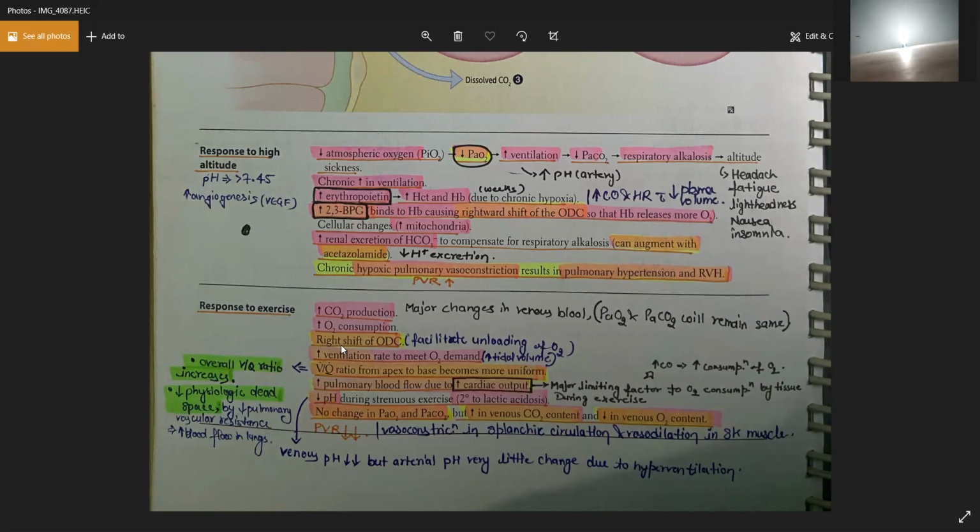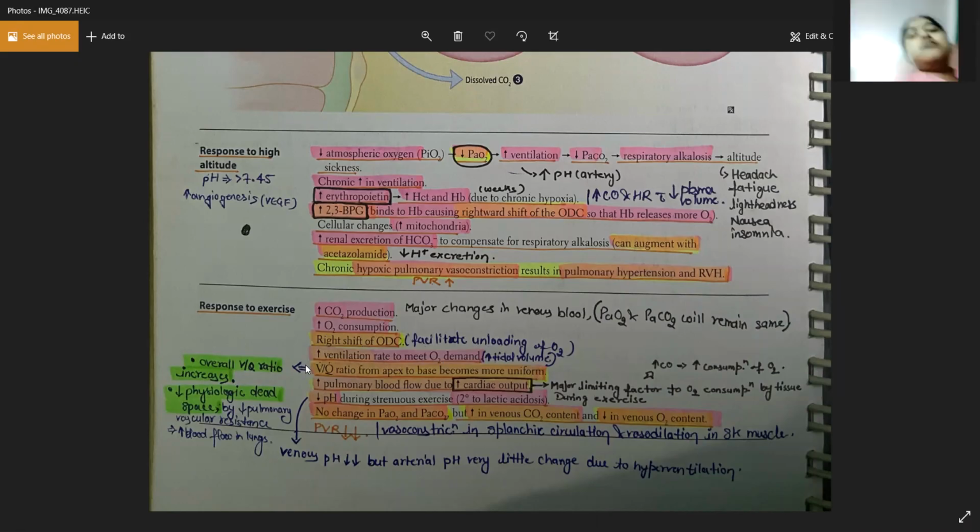This acidic environment will promote more dissociation of oxygen from the hemoglobin, so you will have a right shift on the oxygen dissociation curve. The ventilation rate will also be increased, so you will have hyperventilation to meet the oxygen demand. Ultimately, the tidal volume will be increased. Now, the other thing is the VQ ratio.